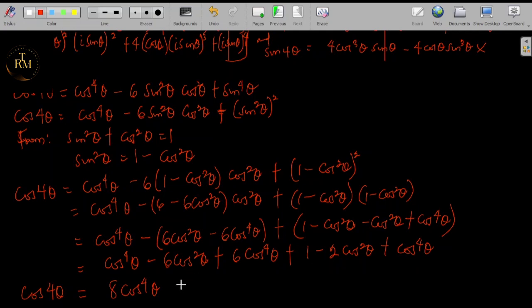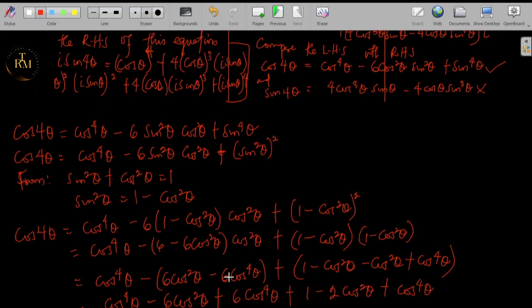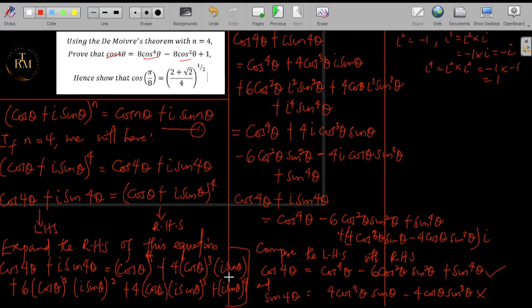Minus 6 minus 2 gives me a minus 8 cos squared theta, then plus 1. So that's how cos 4θ was proved to be cos to the power of 4θ minus 8 cos squared theta plus 1. And that's exactly what we're asked to prove if I go back to the top here. So that has been finally proved.